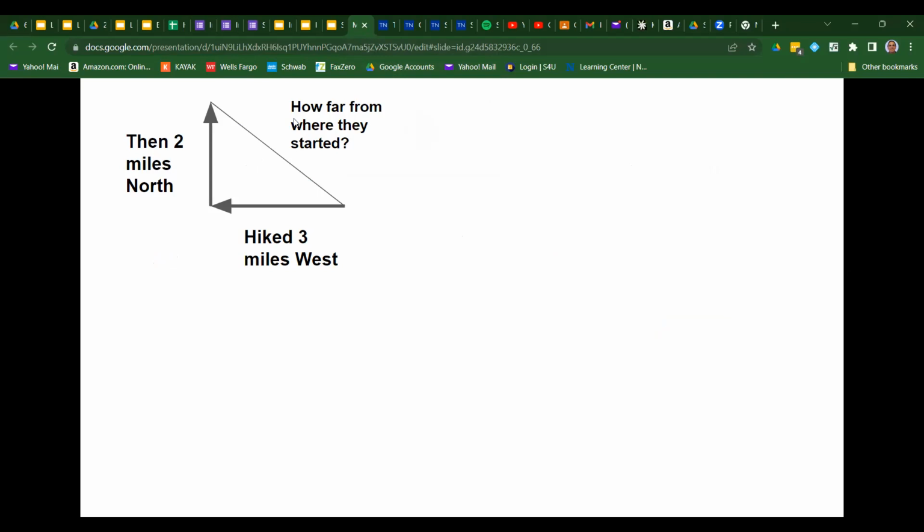The question is, how far were they from where they started? Well, all they're talking about is this distance right here. By the shortest path, what is that distance, which is really how far they are from where they started. So this is no more than a triangle where one side is 2, another side is 3.